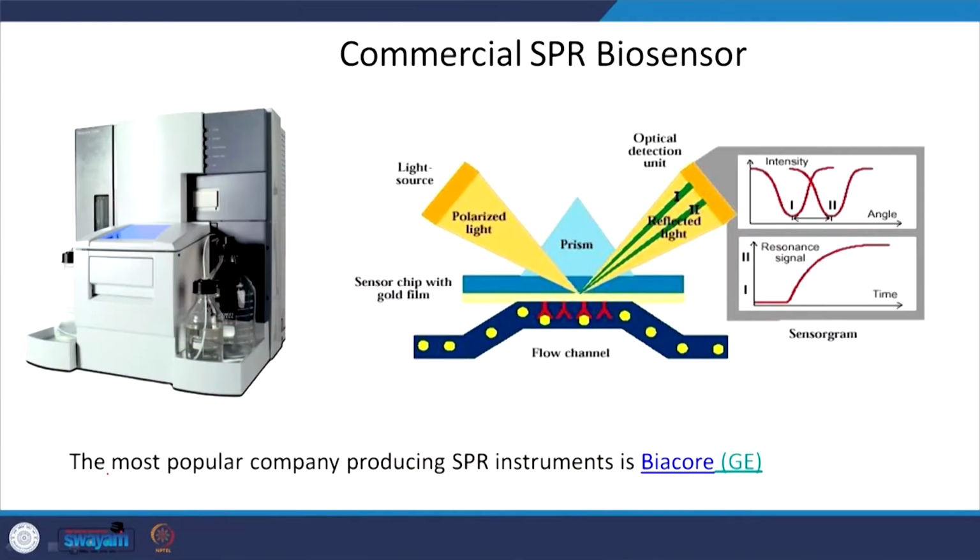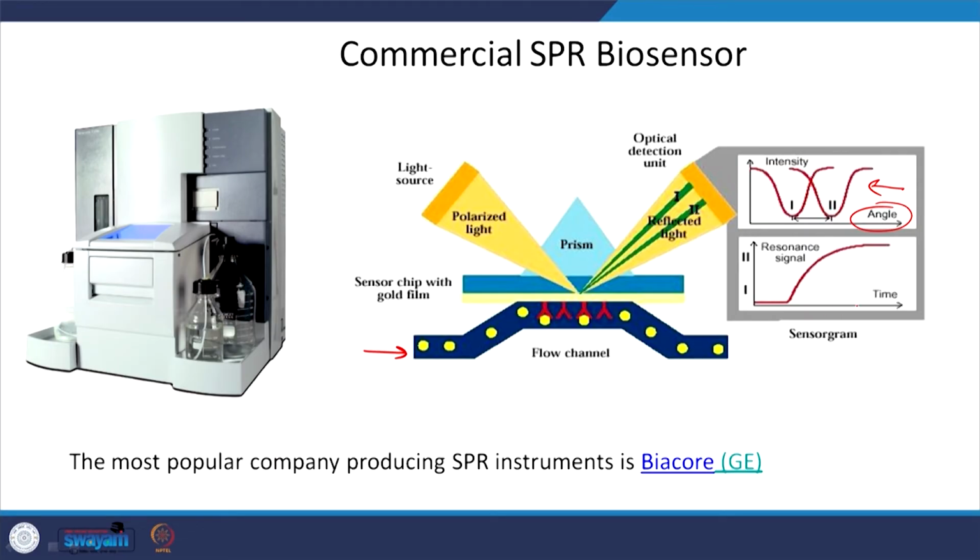There are other commercial SPR biosensors, and in these what they do is that they do SPR and then they do automation to keep on changing the analyte in the flow channel, and they continuously measure the change in intensity or any other resonance parameters which we discussed earlier, and then they make a sensorgram.